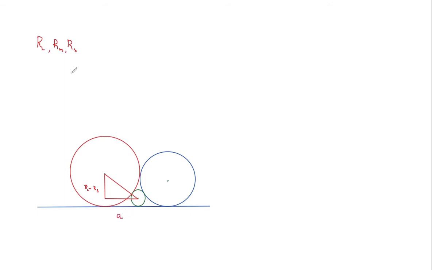So we have our first equation, if you remember Pythagoras, which says that the sum of the squares of the shorter sides is equal to the square of the hypotenuse.